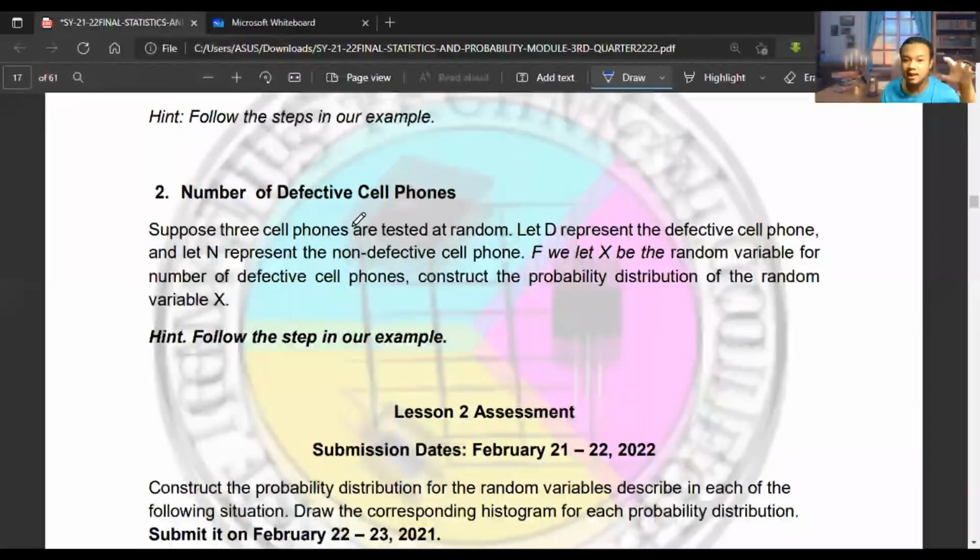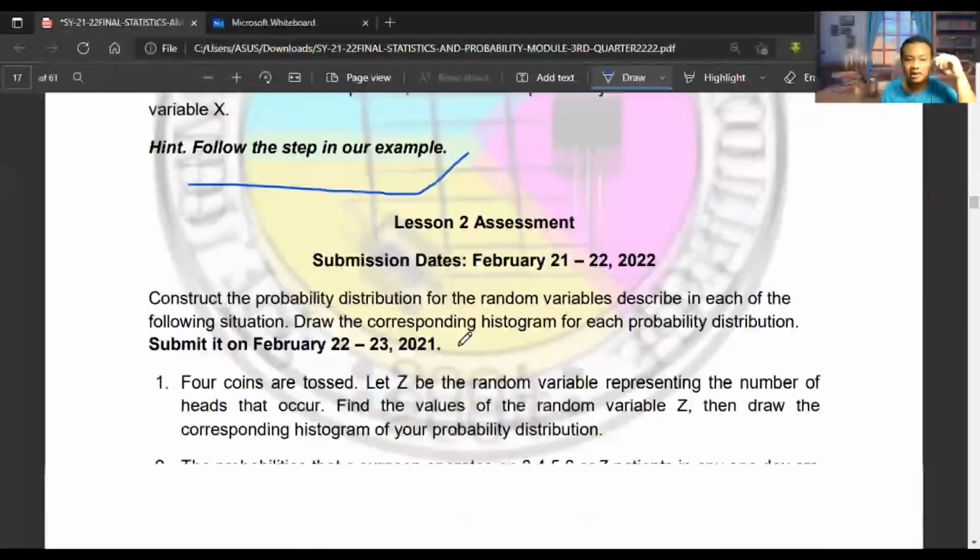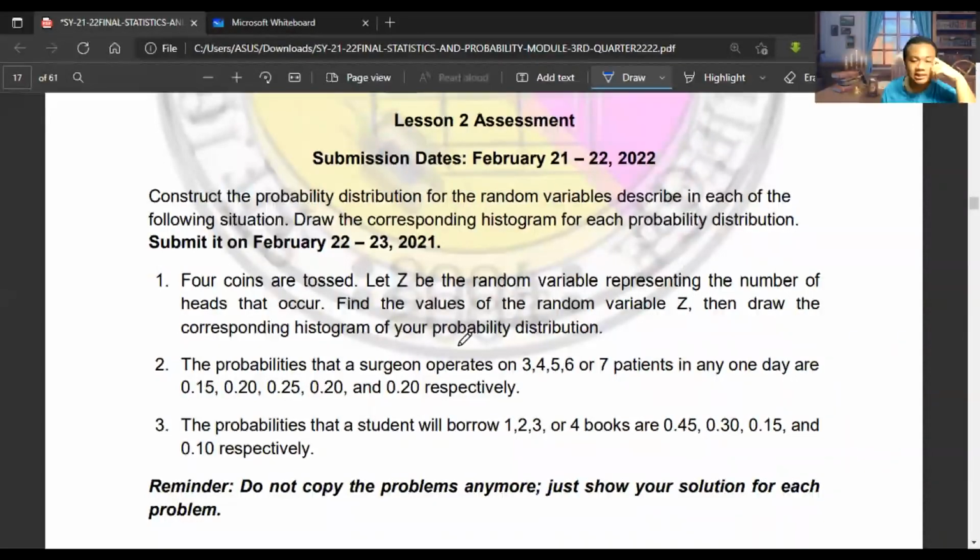Next, number of defective cell phones, same as what we did in number 1. Follow the steps in our example. It's really simple, guys. I think you can get it. Next is the same again: the probability distribution, described in the following situation.